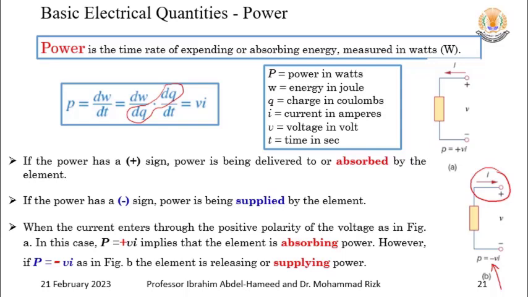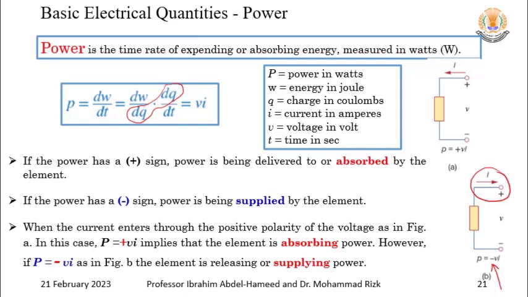But if the current enters the positive terminal, this means absorbed power. So now we have new terminologies: supplied power and absorbed power. Supplied if the current leaves the positive terminal, and absorbed if the current enters the positive terminal.